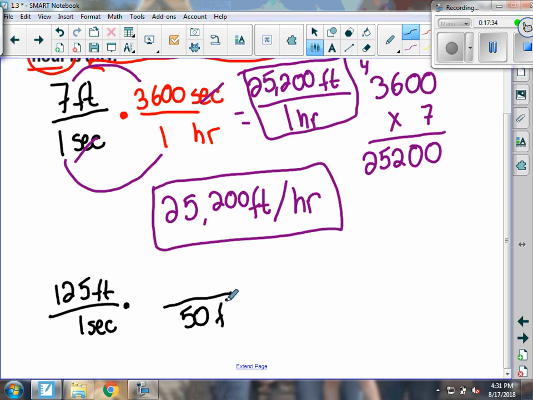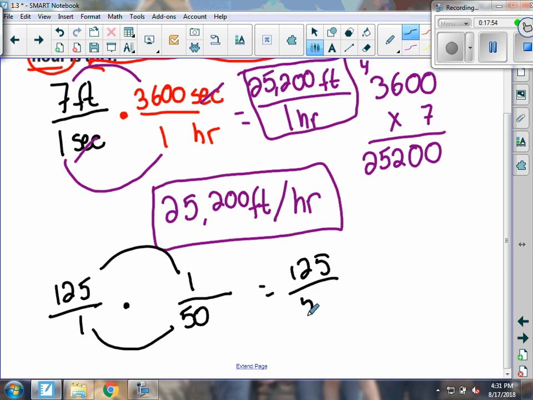Actually, sorry, let me take out my units of measure because that makes it a little confusing. So, say we have 125 times 1 over 50 is what we end up with when we're trying to multiply. When you multiply, you end up with 125 over 50.